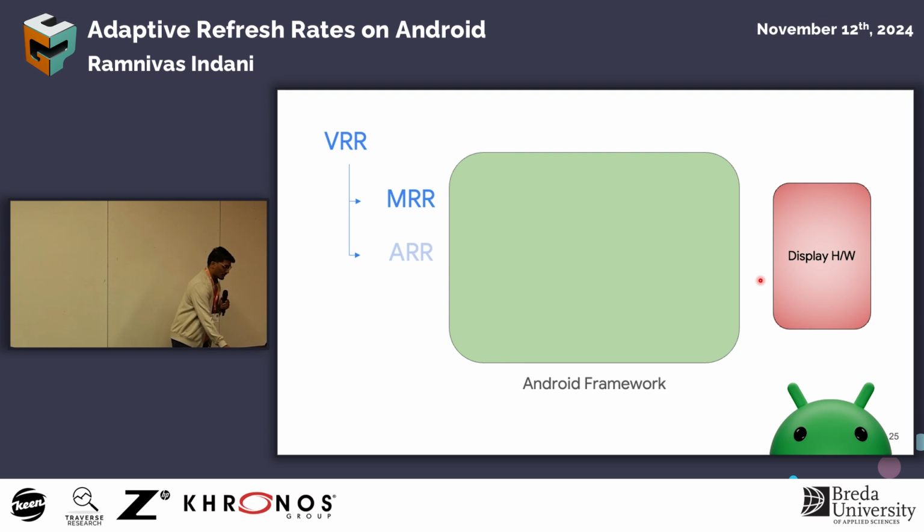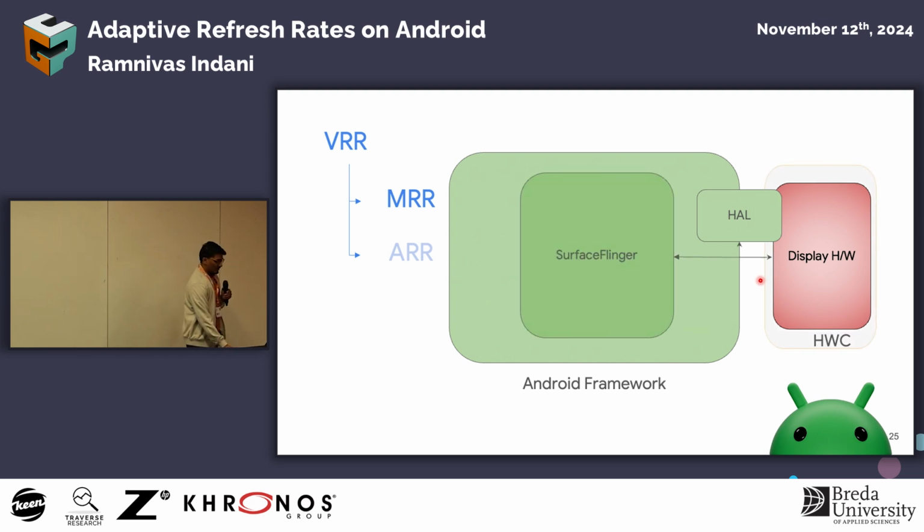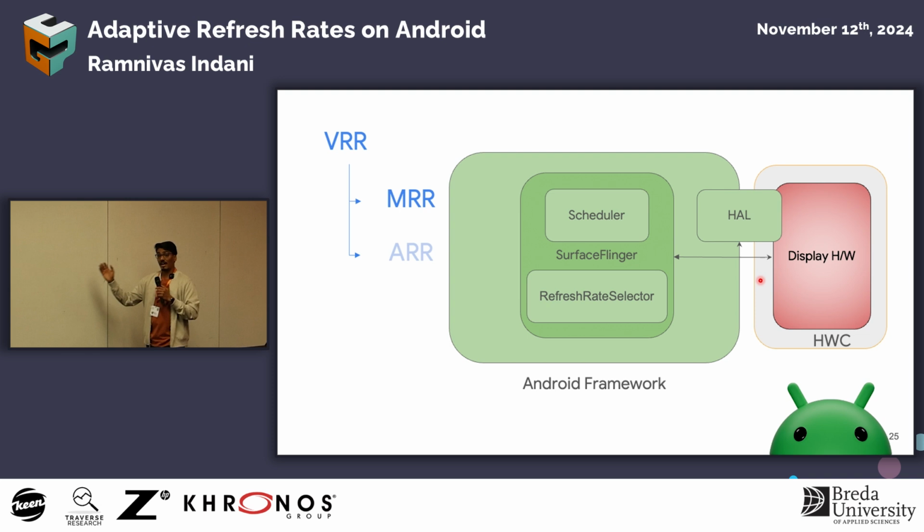So this is what we saw, and all of these display modes were on the display hardware, then the Android framework. The information that different kinds of modes exist, and which modes the Android operating system has access to, is exposed through the HAL, which is the hardware abstraction layer, which is basically an interface implementation that is done on the software side, as well as on the hardware side.